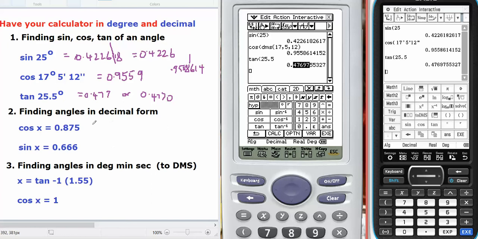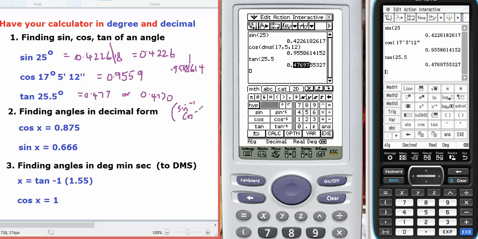Finding angles in decimal form. Because I'm finding angles, I need to use the inverse. So I need to use sine inverse or cos inverse or tan inverse whenever I've been given the ratio. So x is actually going to equal the inverse cosine of 0.875.